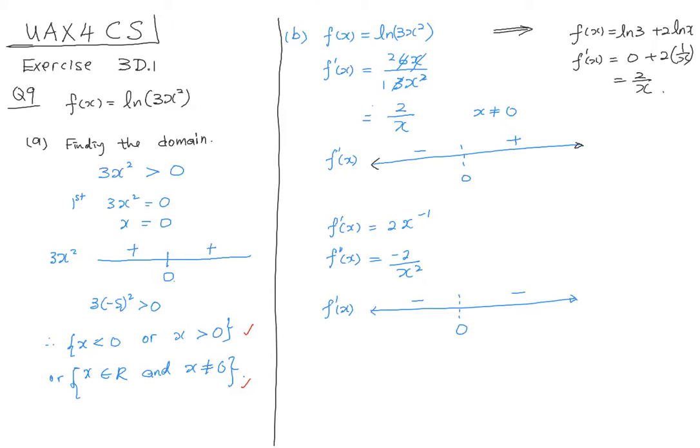Can you try to give a geometrical interpretation for x less than 0? f(x) is decreasing. May I know what is the shape of the graph first? Concave up or down? Down.